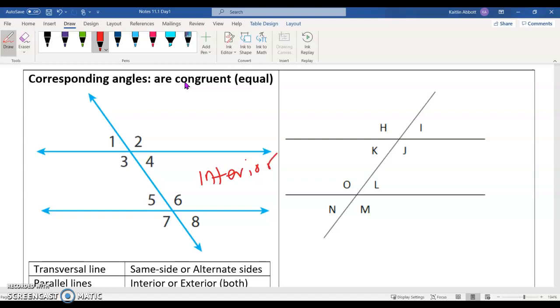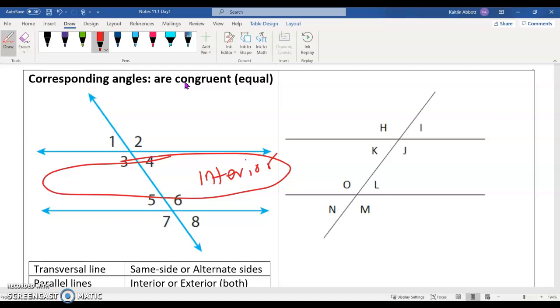Interior is on the inside. You can also think of it like a hamburger, the interior of a burger. So here's our burger. The exterior is on the outside. Outside, exterior of a house, exterior of a car.